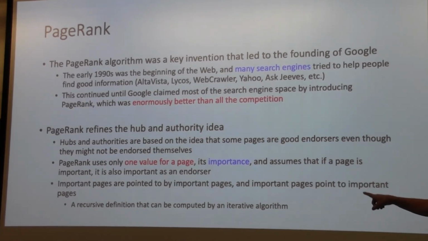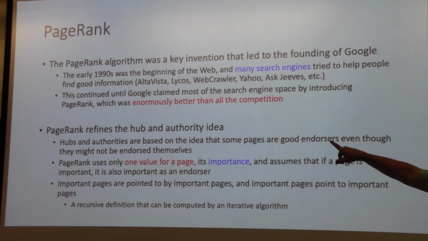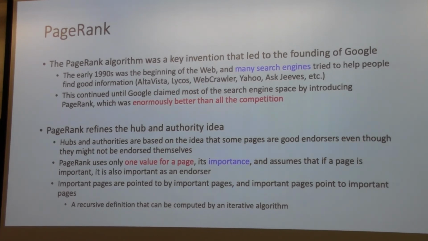You see, algorithms can be very powerful things, okay? And I remember this time, the early 1990s, the beginning of the web. The first time I used the web was in 1990. When did you use the web the first time? I don't know. 1990. In those days, many search engines were trying to organize information.